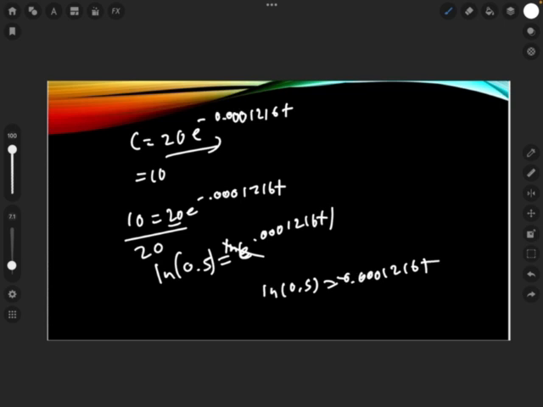If we divide everything by this number, that comes out to about 5,700 for t, if you approximate it. So that's how long it'll take for C to be equal to 10.